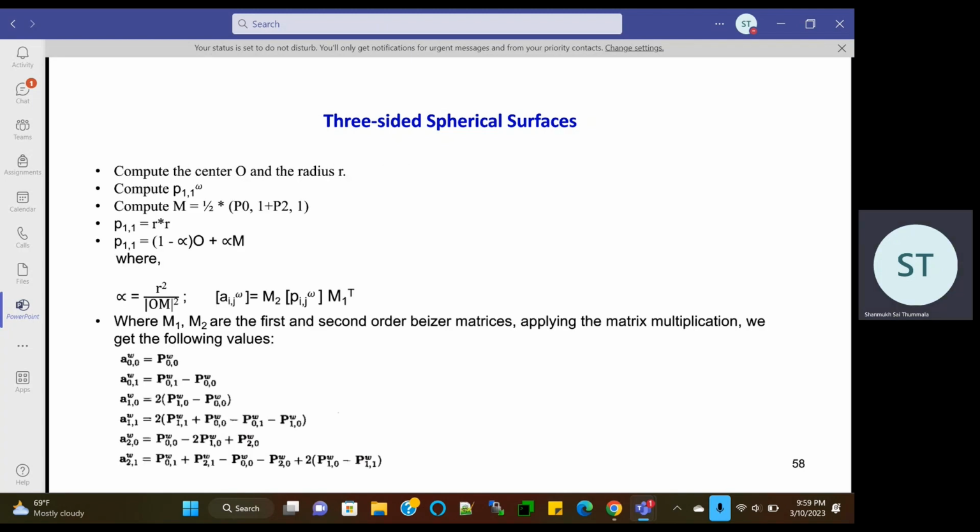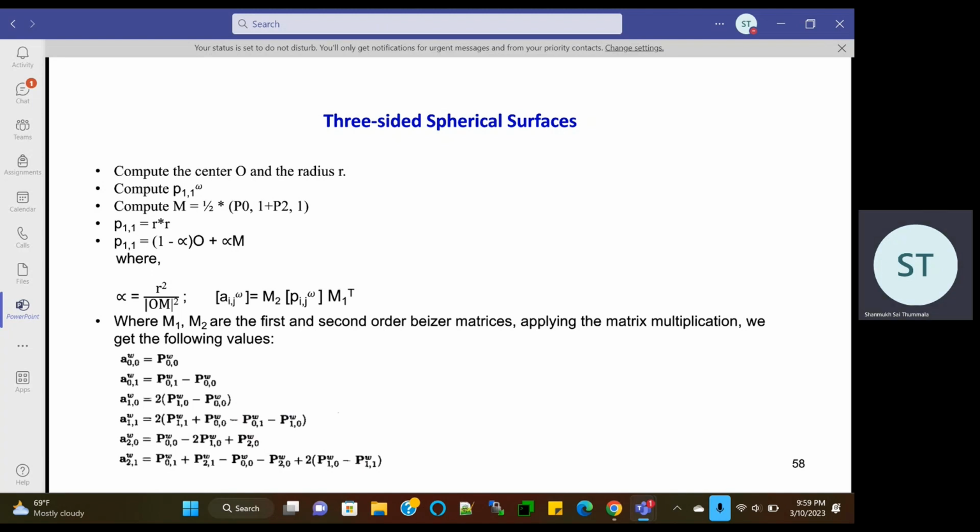Now we compute the center O and the radius r, and then we compute P(1,1,omega), and later we do m equal to 1/2 (P(0,1) + P(2,1)), and we obtain P(1,1) equal to (1 - alpha) O + alpha m, where alpha equal to r squared by om squared.